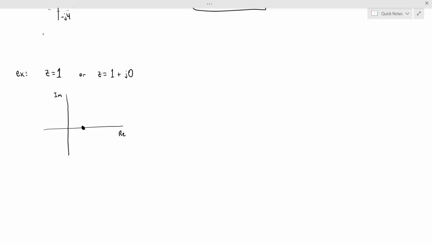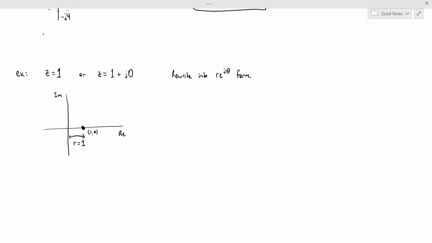Okay, so if we want to rewrite it into the r e to the j theta form, r is distance to the origin. So this distance here, well, we know that that distance is 1, since this is really the point 1, 0 in terms of the x and the y coordinates.